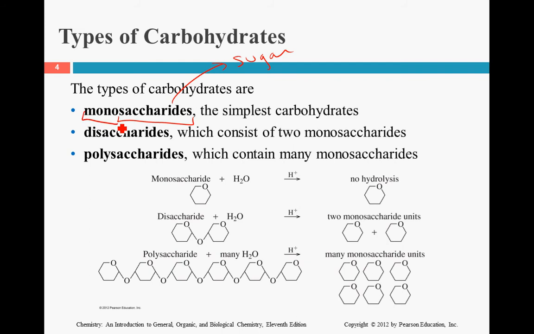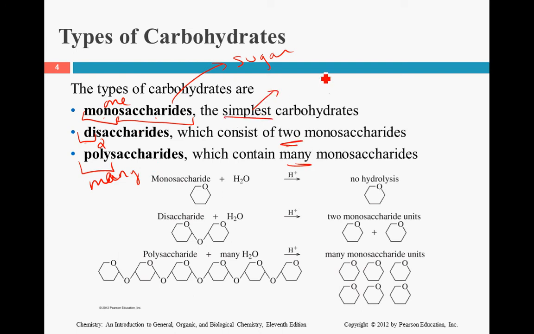If we take the first part of these words, mono, di, and tri, we find mono is 1, di is 2, poly is many. So that means 1 sugar, 2 sugars, many sugars, which is why we have those.